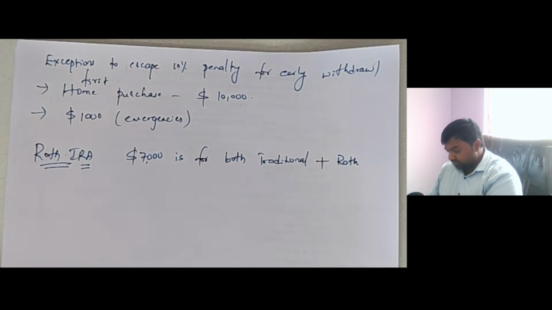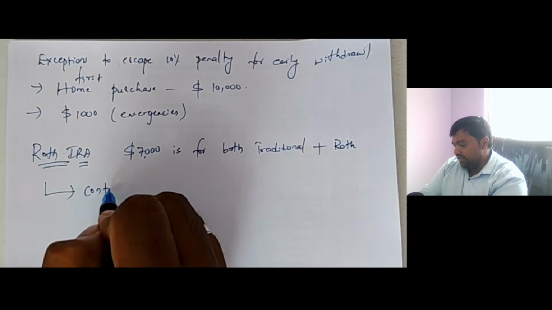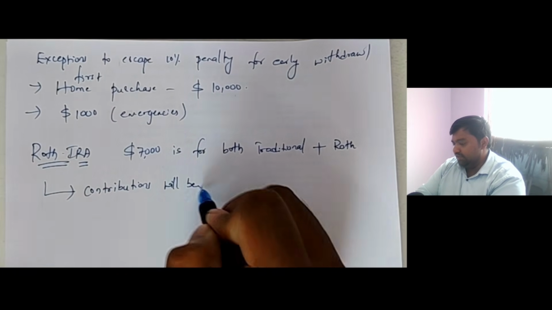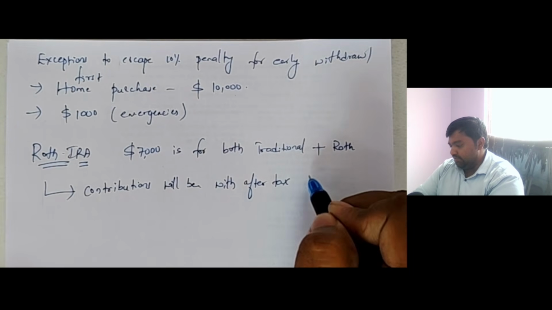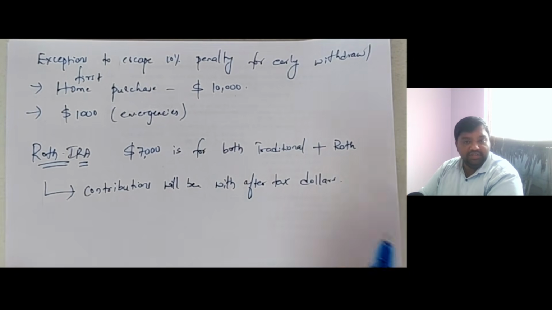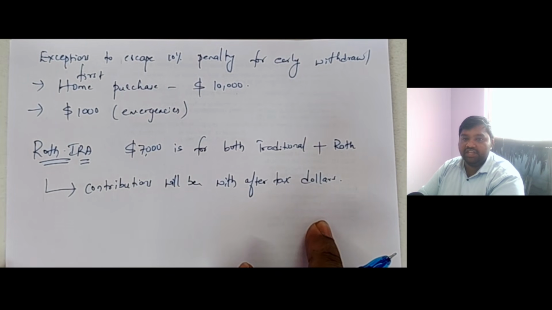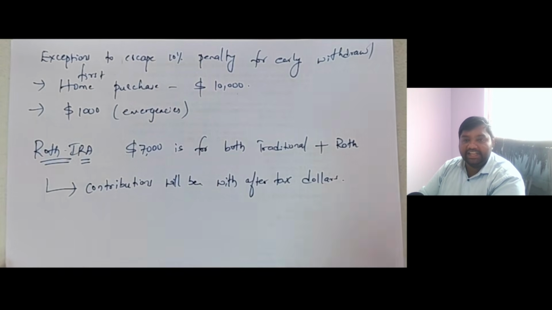And Roth IRA contributions will be with after tax dollars. Means you might have already paid the income tax, and whatever money you have with you after paying the tax, that money you can contribute to Roth IRA.